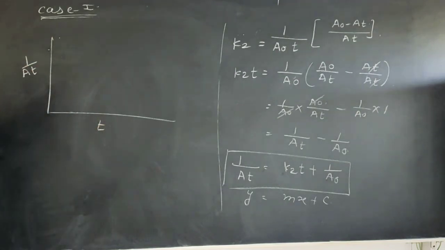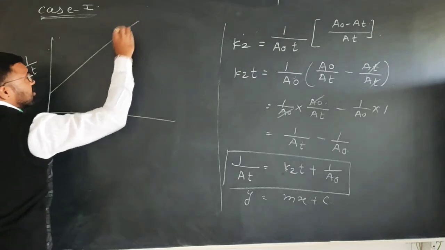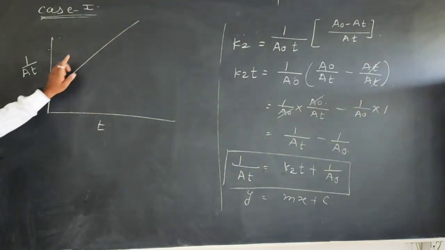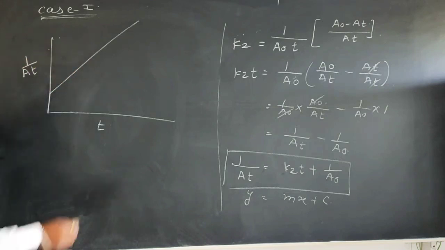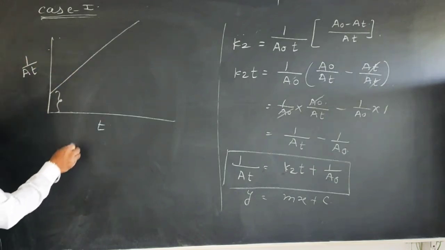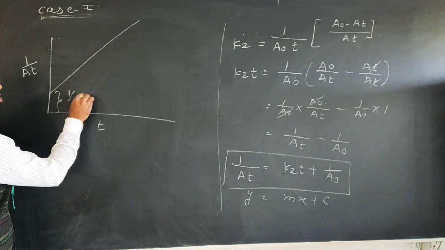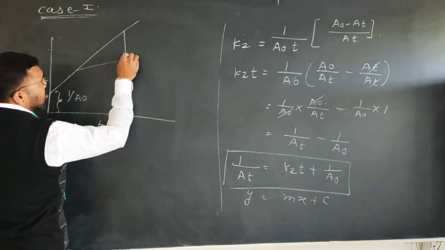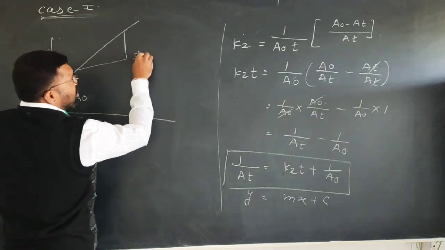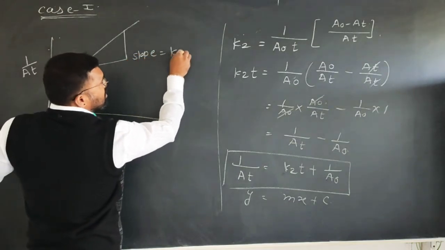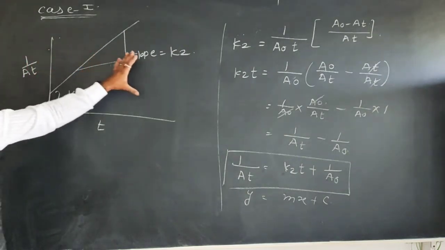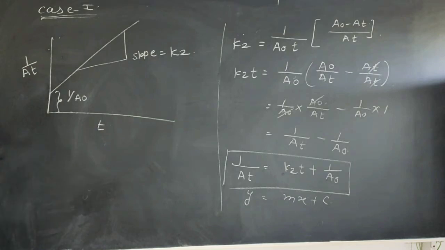This is a straight line not passing through the origin, having a positive slope. This y intercept is nothing but 1 upon A0, and this slope is equal to K2. That means the rate constant is nothing but the slope. This is about the graphical representation.